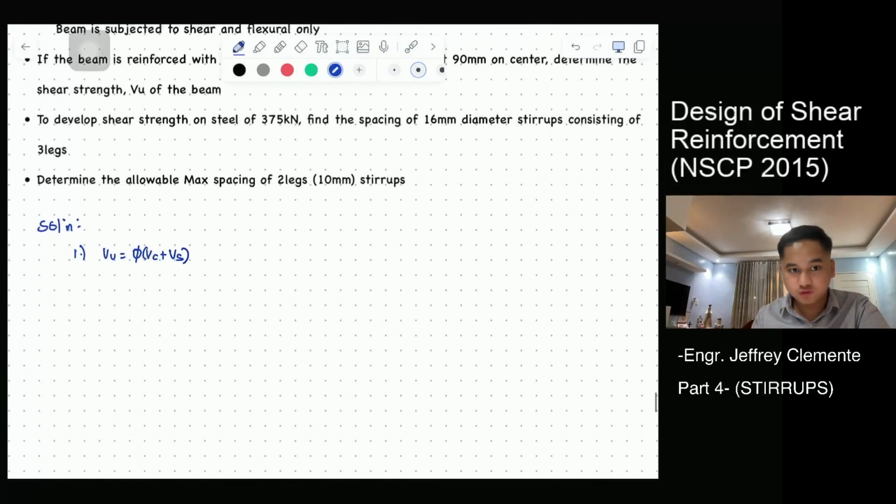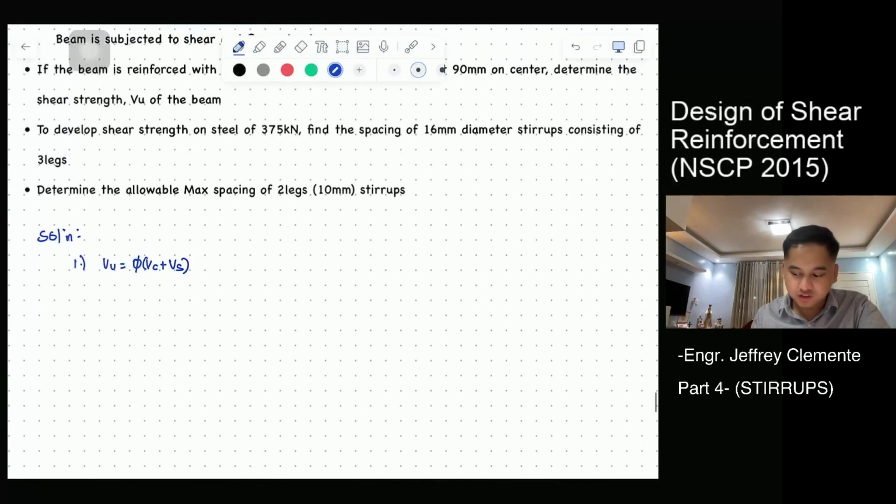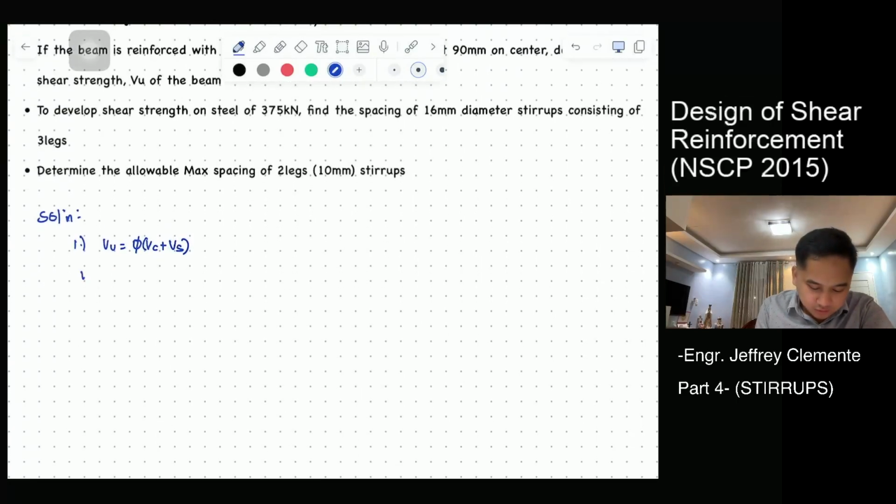So, let's solve first for the Vs and Vc. If you want to solve for Vc, Vc is 0.17 lambda square root of fc prime bw d.